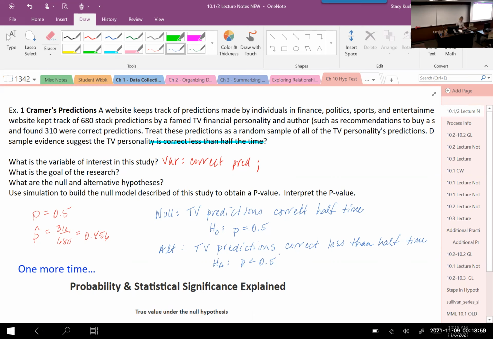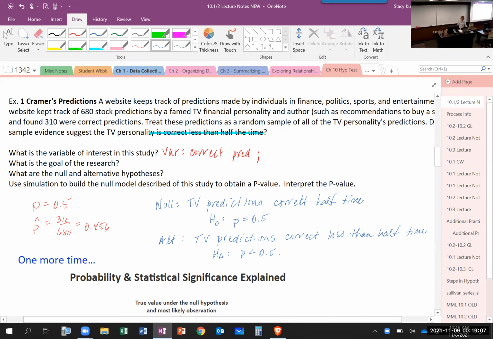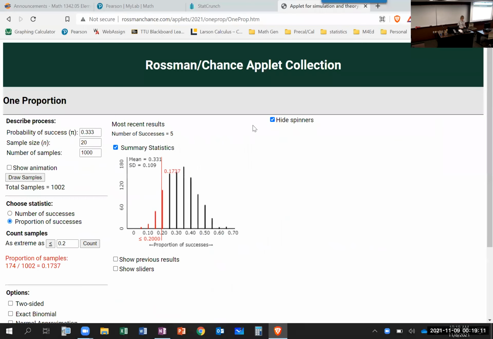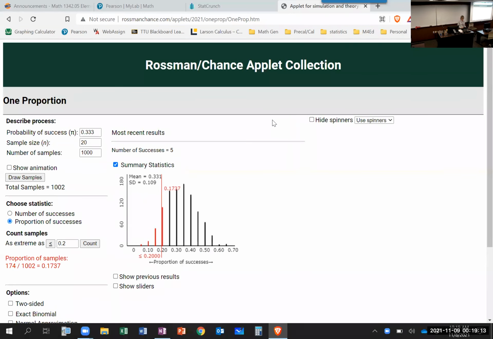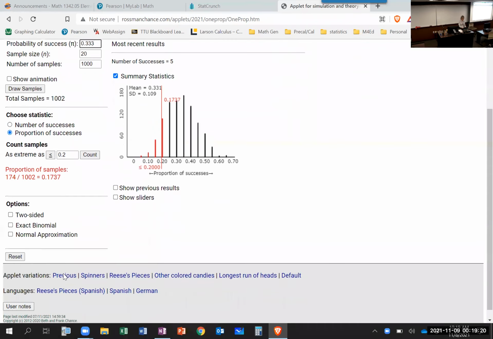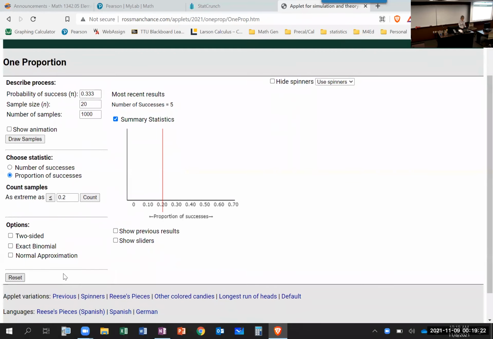So let's go back and look using our applet that is really only about simulations. I'm going to uncheck the spinners just for a minute. I'm going to reset everything down at the bottom.